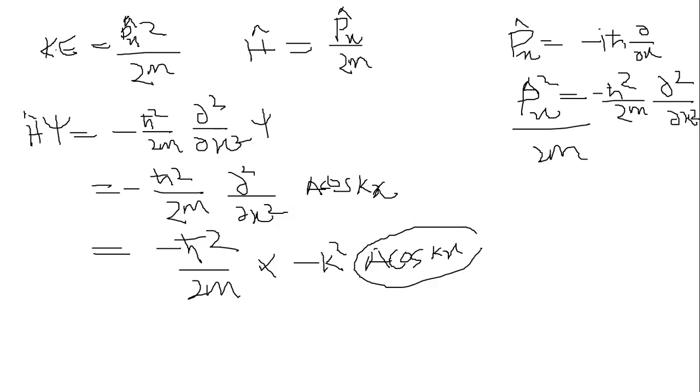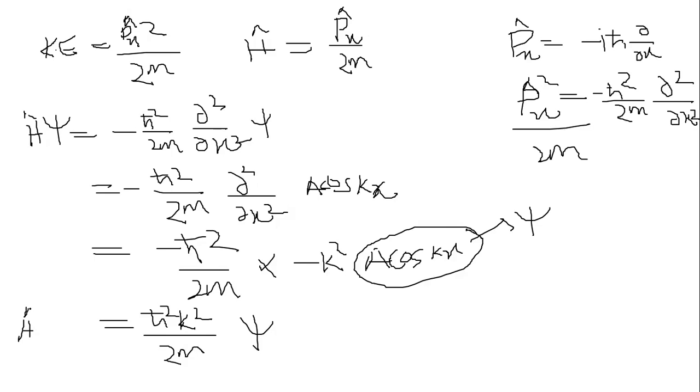Now this A cos kx is our psi, that is the wave function. So it will be h cross square k square by 2m into psi.